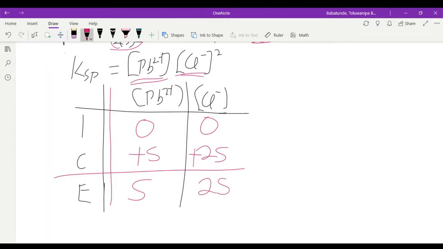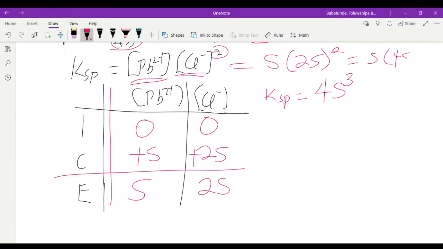So we substitute that into our Ksp. For lead, it is S, and for chloride ion, it is 2S, and we have this 2 here, so we place it as an exponent. So our Ksp is going to be 4S cubed, because this is S times 4S squared.